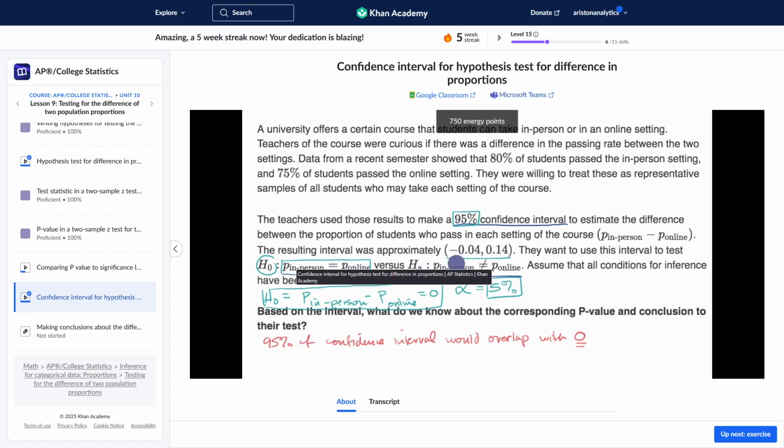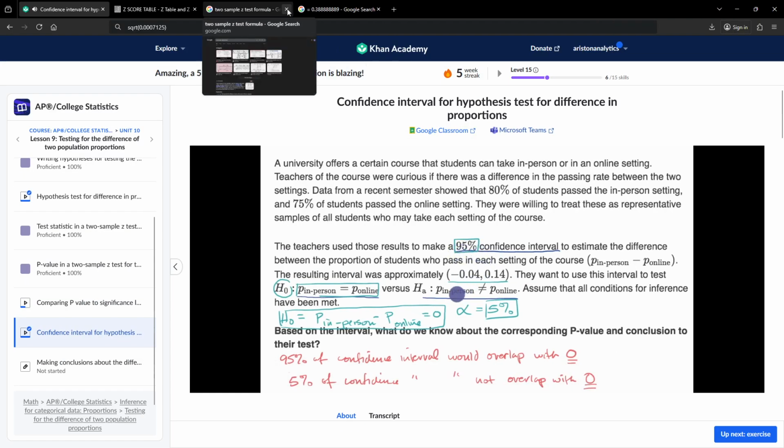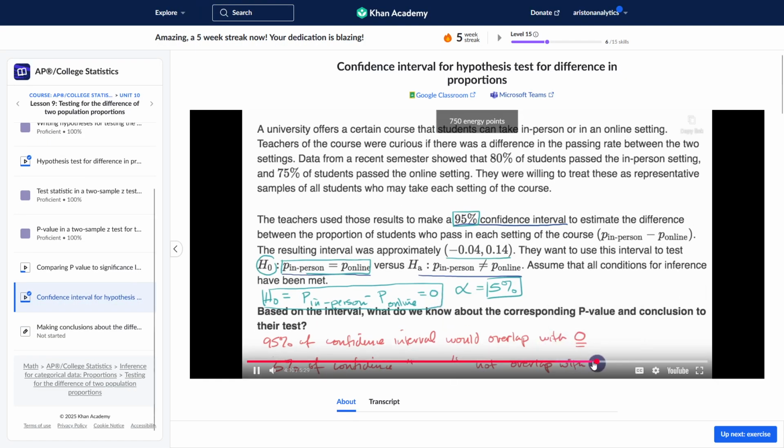So 95% of the time that we do this, if we assume that the null hypothesis is true, we will overlap with 0. Or another way you could think about it, 5% of confidence intervals would not overlap with 0.